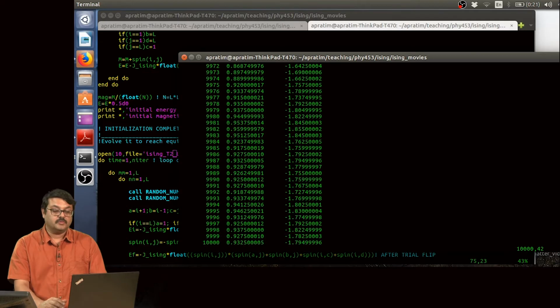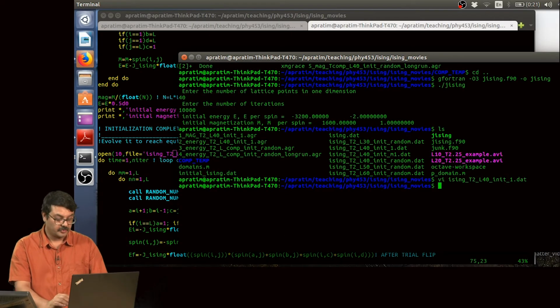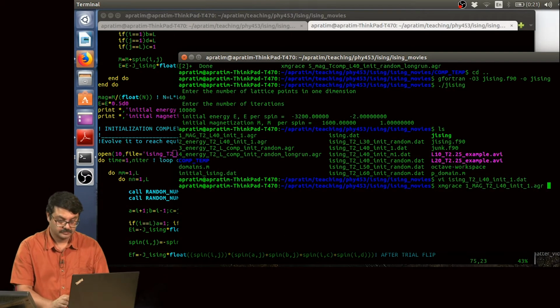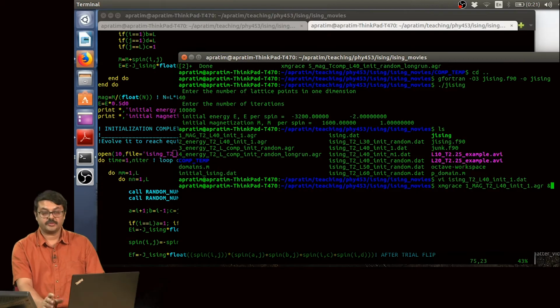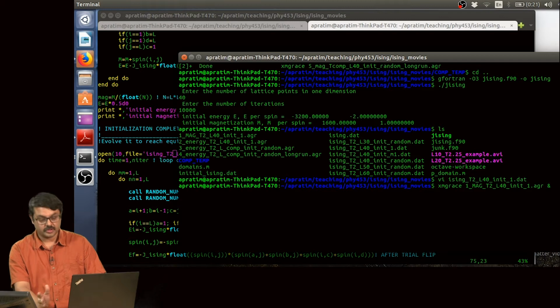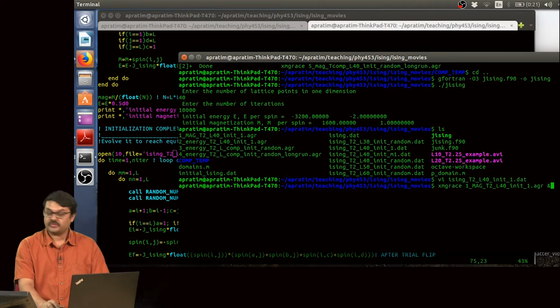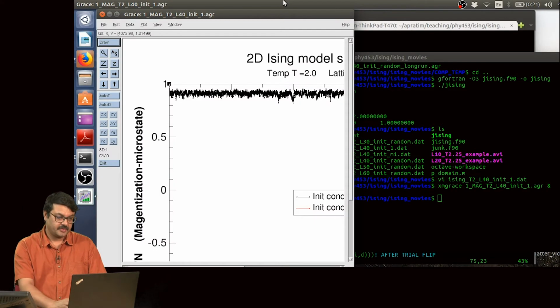Now, we are not going to look at these 10,000 data points, we are going to plot them. I have already plotted it, and I am going to use the XM Grace software to plot the magnetization per spin. You can use MATLAB, NewPlot, or whatever software of your choice to plot the data.